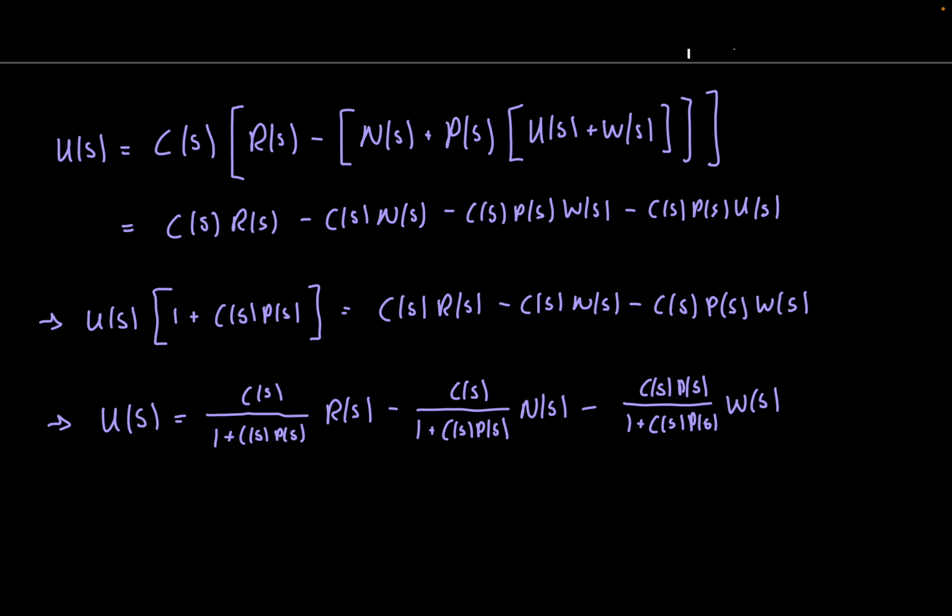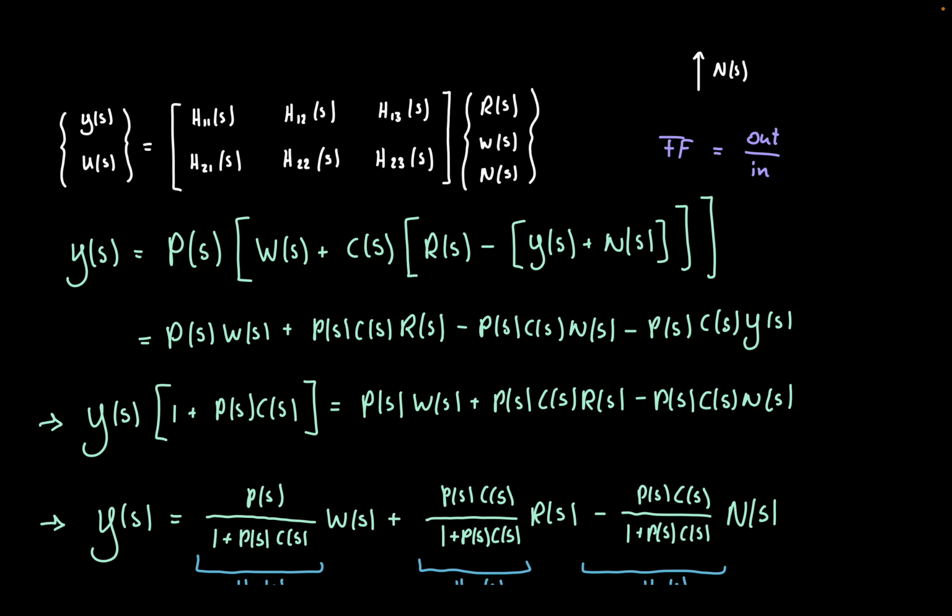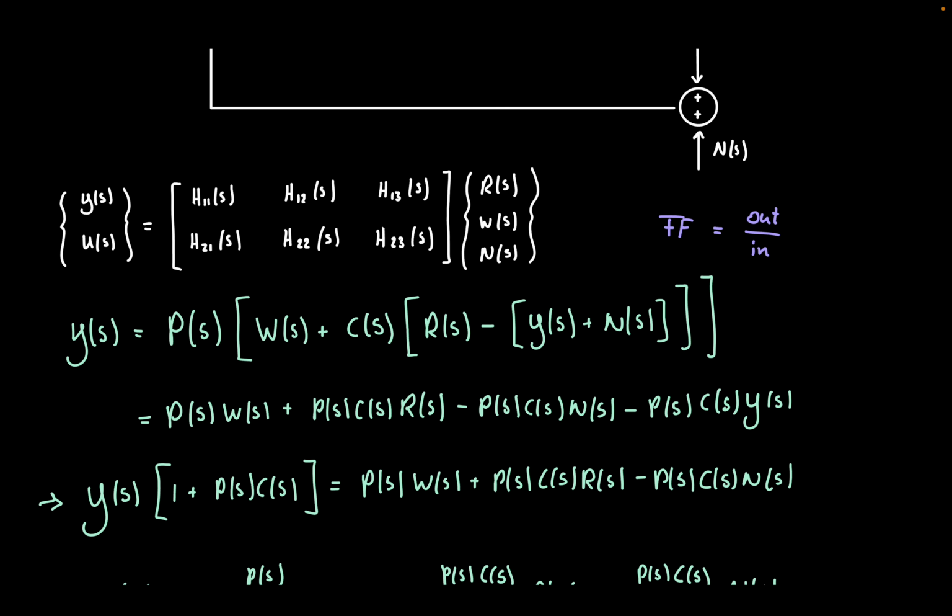So now we can label these three with respect to their transfer function. So before we said that R here, so now we're on the second line corresponding to the output U. So R is going to correspond to H21, W is going to correspond to H22, and N is going to correspond to H23.